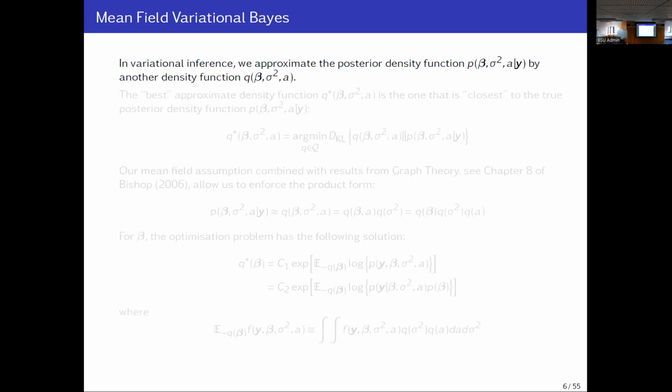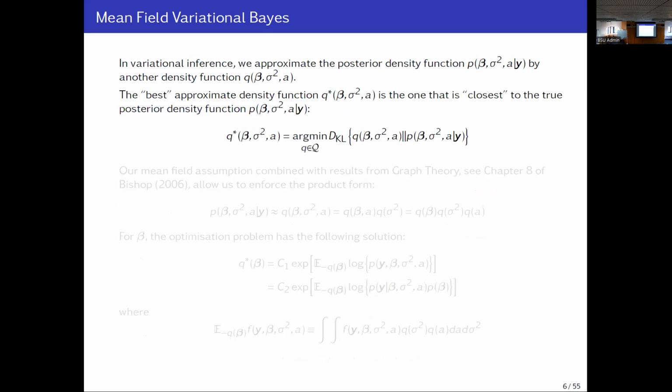So in the variational inference that we've covered so far, we replaced the true posterior density function by another density function Q. And we choose this one such that it minimizes the Kullback-Leibler divergence of, I forget the directionality, is it P from Q or Q from P? Does anyone remember that off the top of their head?